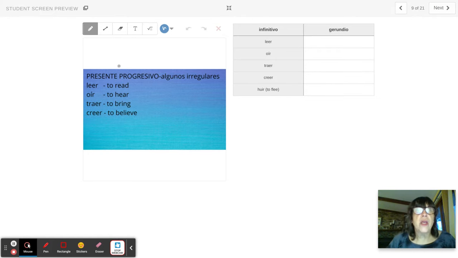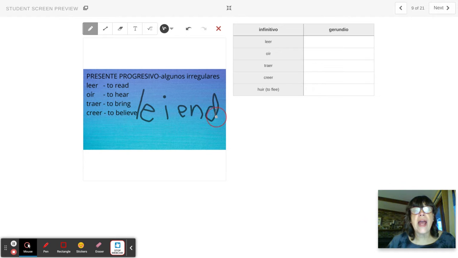Let's look at this pattern. So just listen and process while I write. Leer, to read. If I want to change to read into reading, I first take my infinitive and cross off the ER. Then I should, if it's regular, add endo.